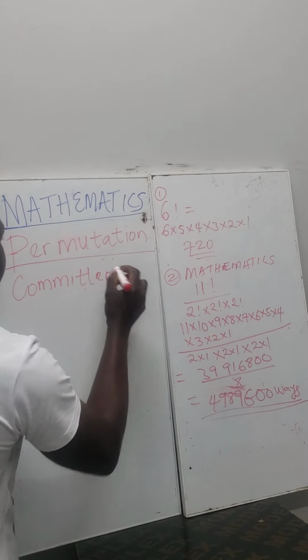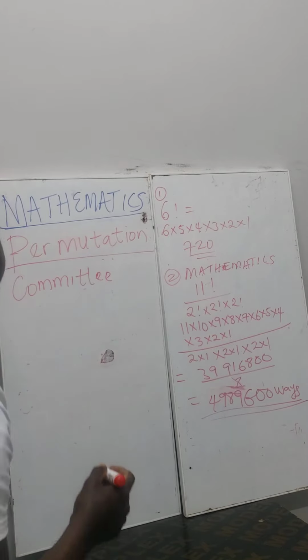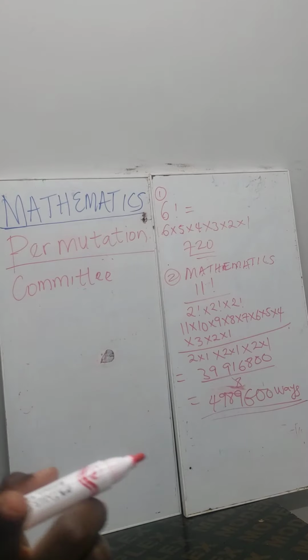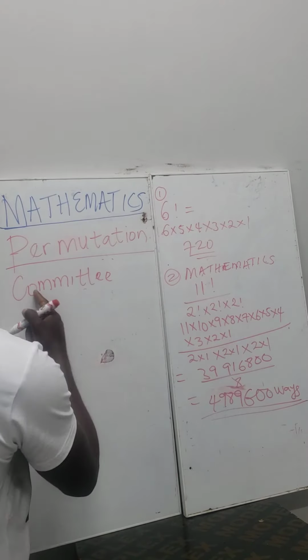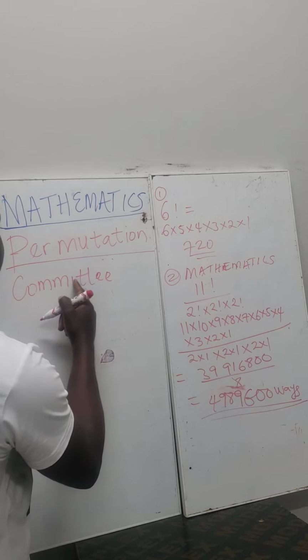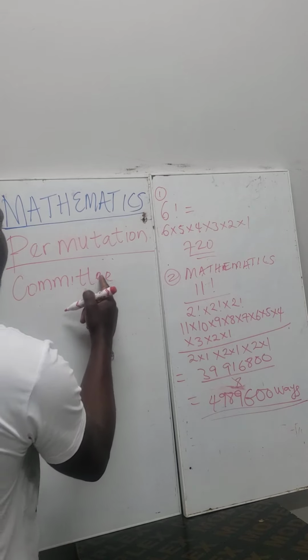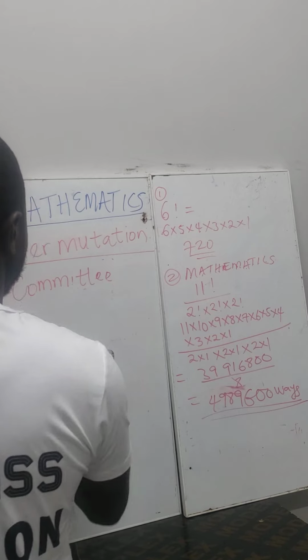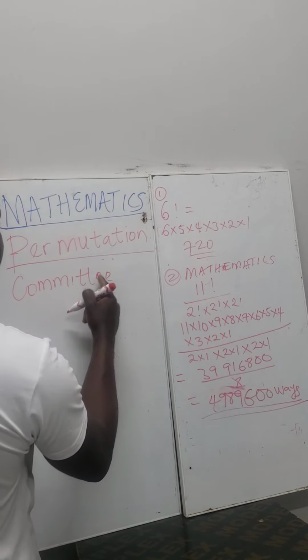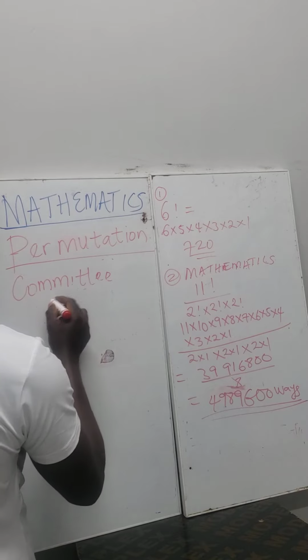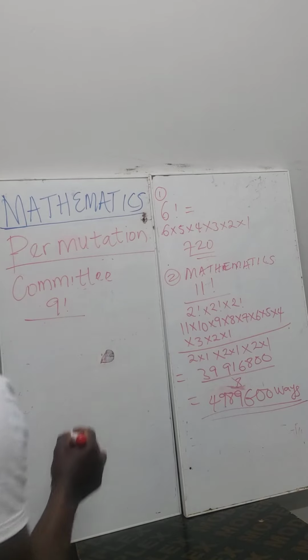Don't forget, the first thing that comes to our mind is, how many letters make this word? 1, 2, 3, 4, 5, 6, 7, 8, 9. So we have 9 factorial divided by.